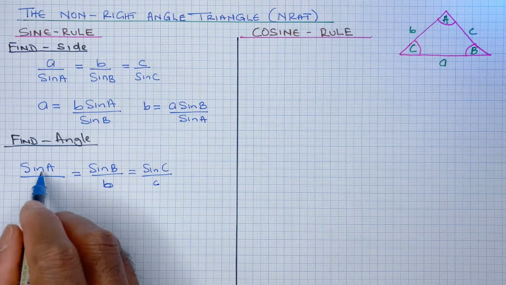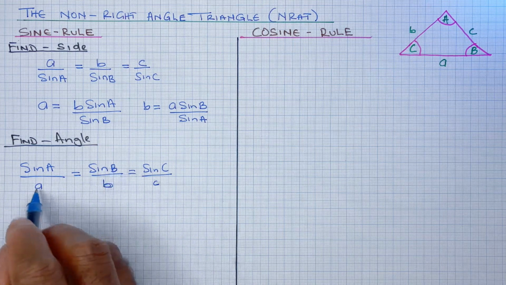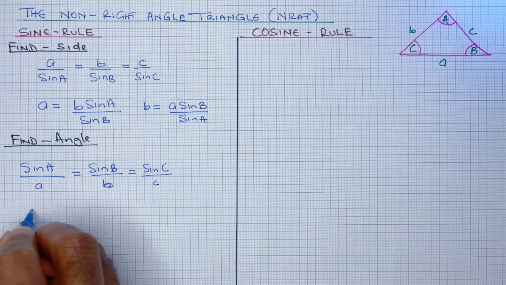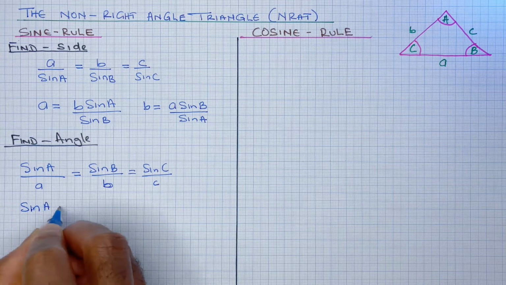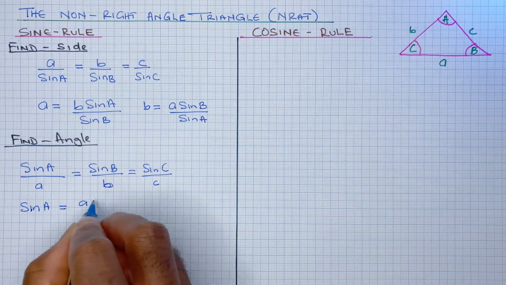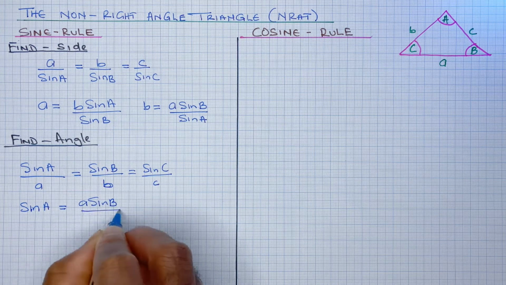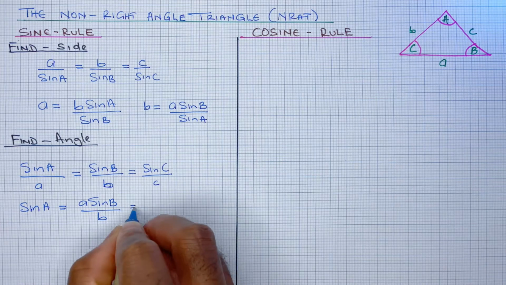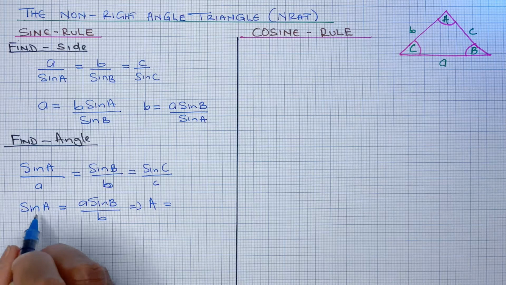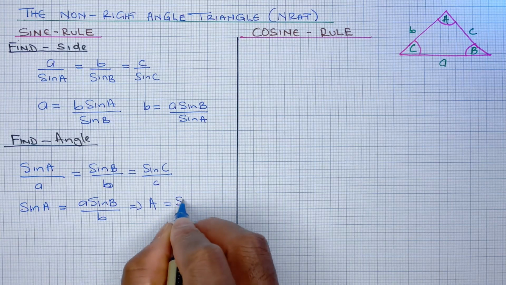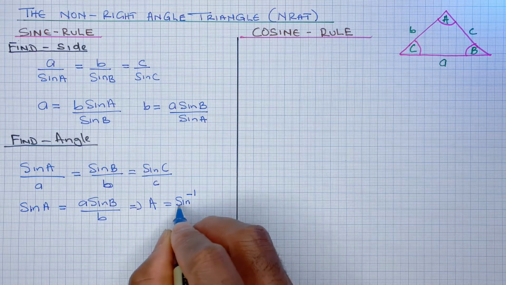If I'm finding angle A, I'll leave that there and then cross multiply. So sine of A equals a sine B over b, and that implies A equals shift sine, sine to the power minus 1, of a sine B over b.